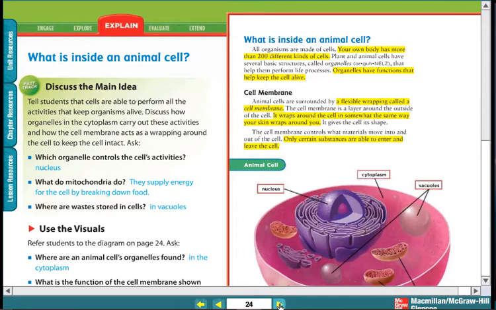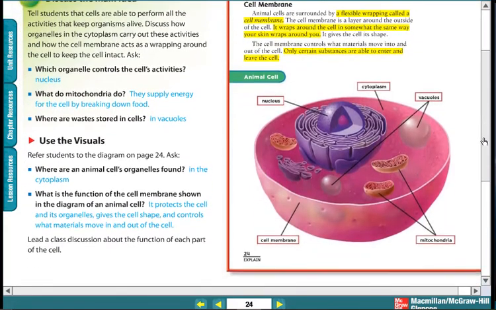Cell membrane. The animal cells are surrounded by a flexible wrapping called the cell membrane. This cell membrane is a layer around the outside of the cell, somewhat like the skin around our body, and gives the cell its shape.